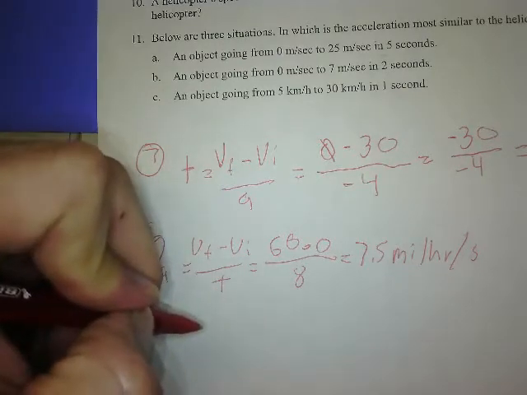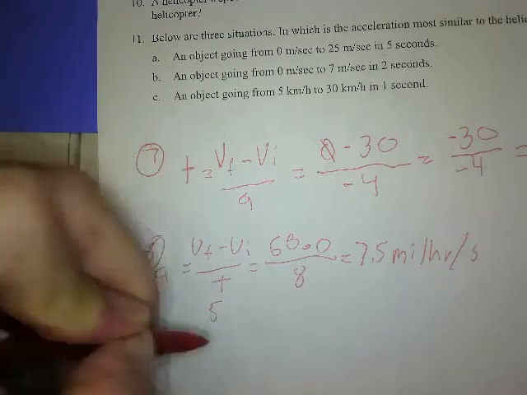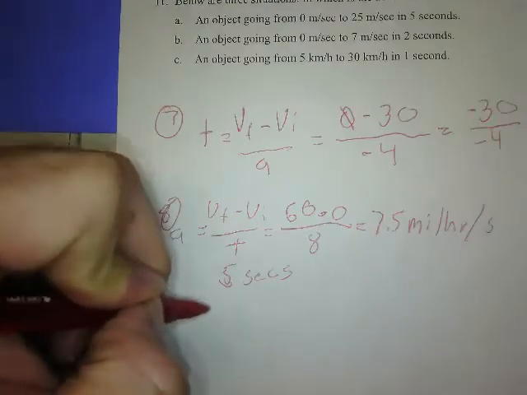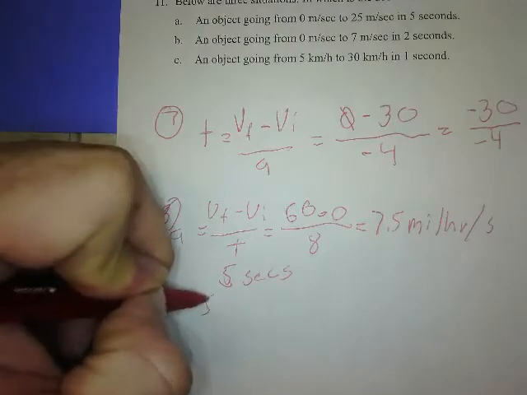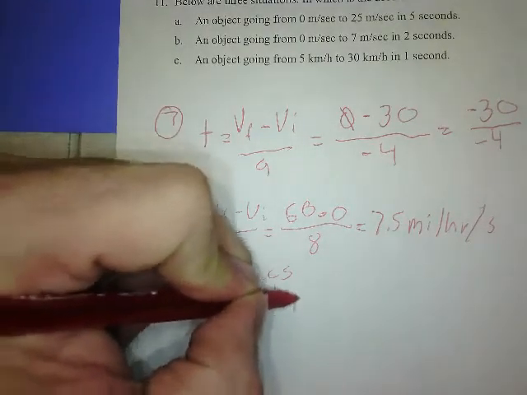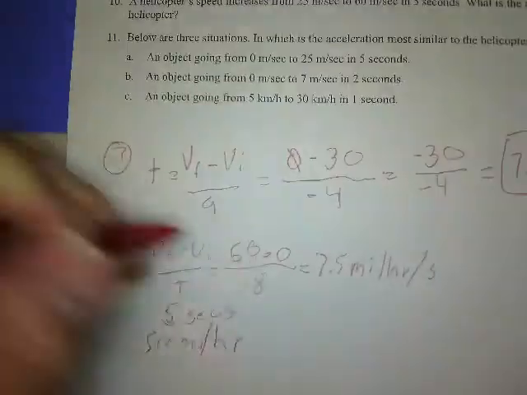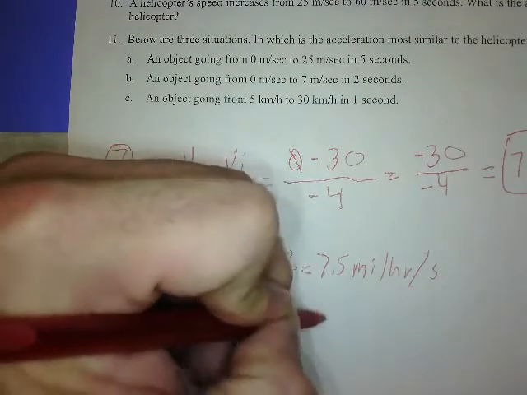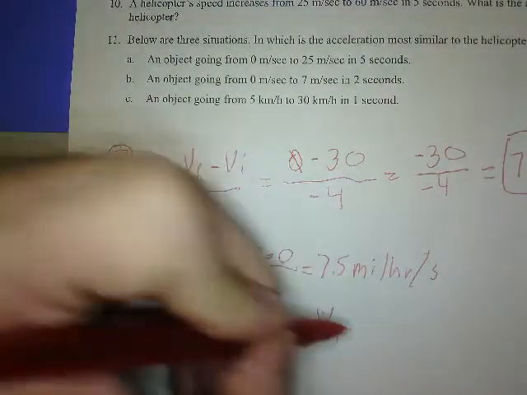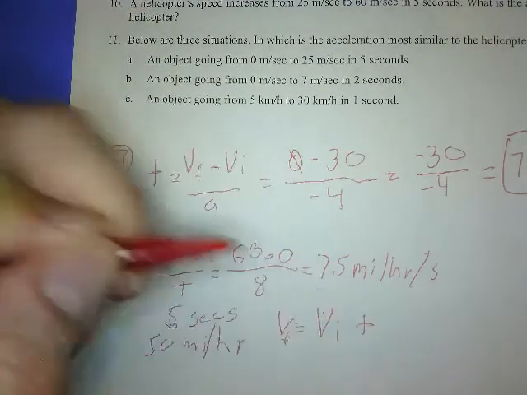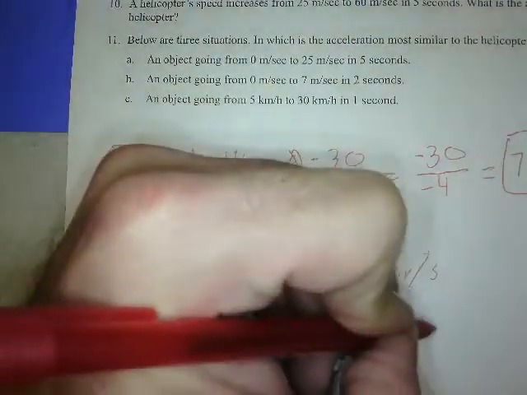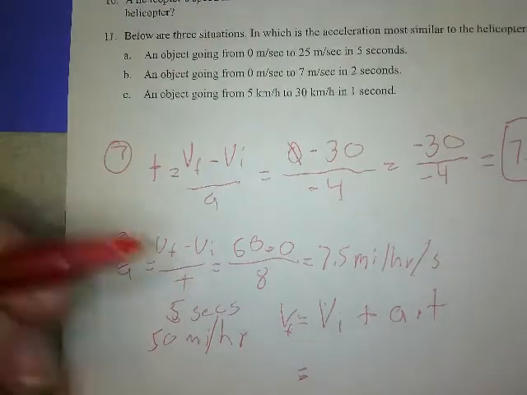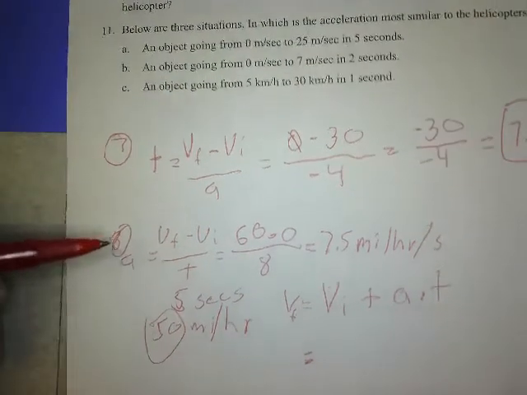All right. So 0 to 60 in 8. So our initial is 0, final is 60, and our time is 8 seconds. So that gives us an acceleration of 7.5 miles per hour per second.